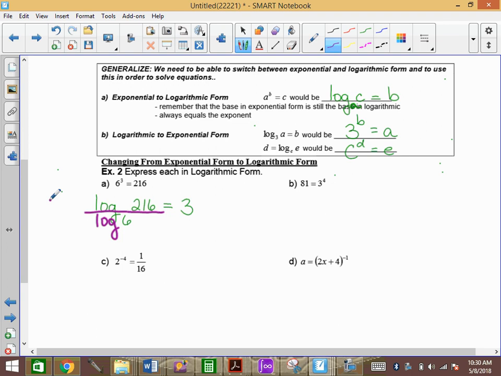If you have the new calculators, you actually have a button that will pop that up for you, and you can just fill in the boxes. So you're going to press math, and then you're going to go down to log base. Some of you have the newer calculators but still don't have that. So you're going to press math, and you're going to go down to, I think it's B, but I can't remember.